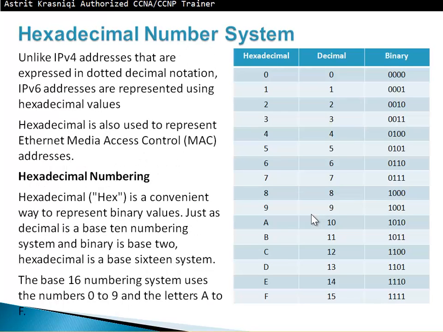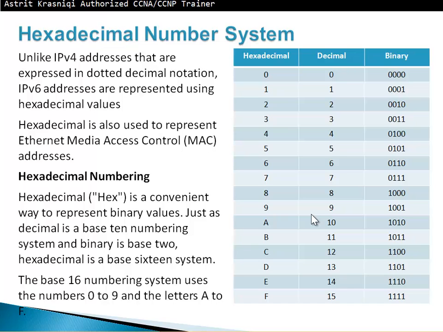Hexadecimal numbering system. Unlike IPv4 addresses that are expressed in dotted decimal notation, IPv6 addresses are represented using hexadecimal values, just as MAC addresses, or Ethernet Media Access Control addresses, are represented in hexadecimal values. Hexadecimal, or hex for short, is a convenient way to represent binary values.